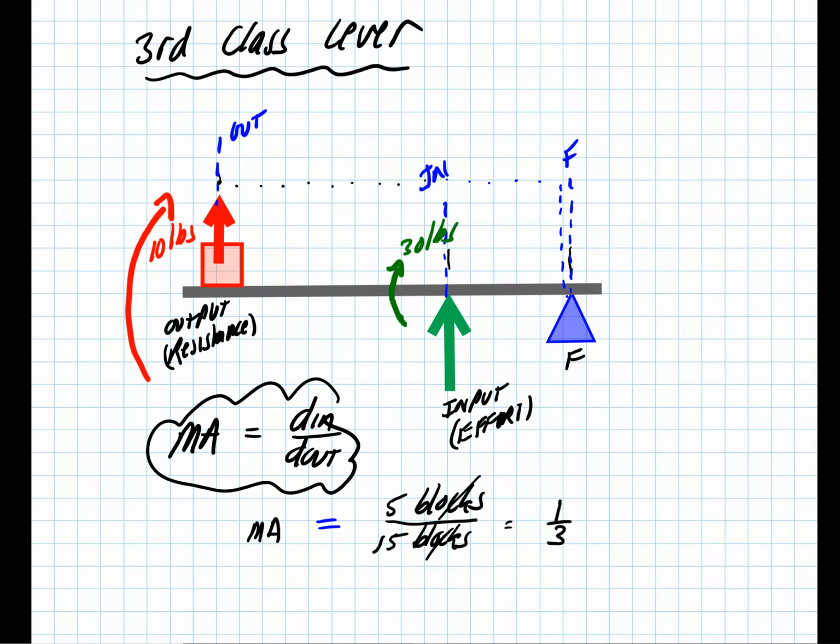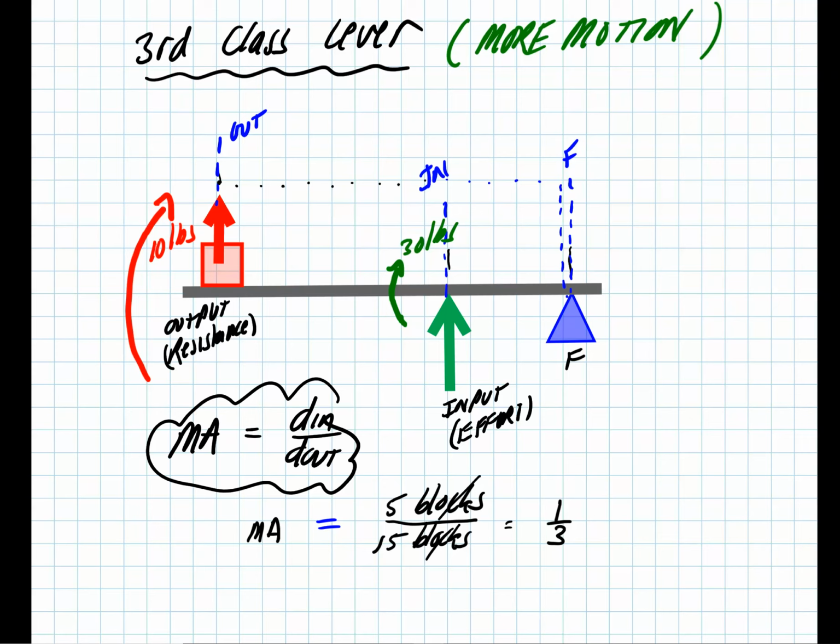So with a third class lever, what you're looking for is more motion than you put in, a greater output distance than what you put in. And what's the price you pay? There's always a price you pay with machines: you're going to have to put in more force.